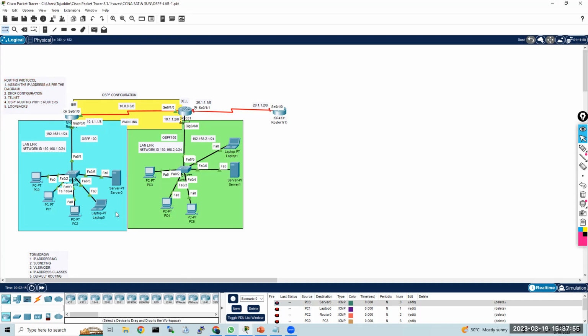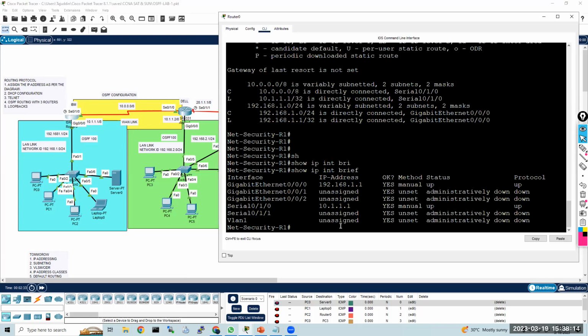Okay, guys, everything is configured. The basic IP addressing configuration is done, assigning the IP address for all the interfaces. As we can see, all the interfaces are up. Right now we'll not use the last router, the third router. We'll configure only between these two routers. Okay, so let's configure, guys.